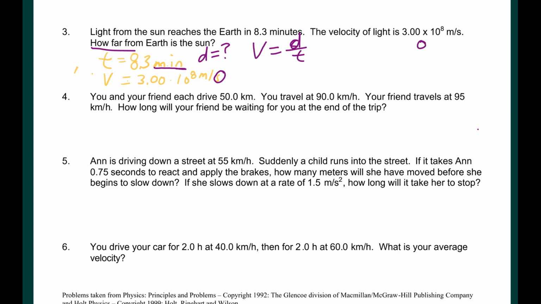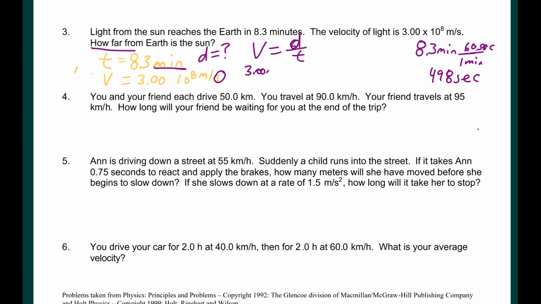So over here off to the side, I'm going to do a quick little calculation because 8.3 minutes, 1 minute is 60 seconds. Okay. So if I take 8.3 times 60, I get 498 seconds. So now that my units match, I am able to do my calculation.